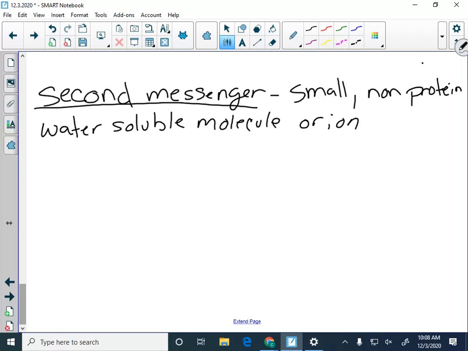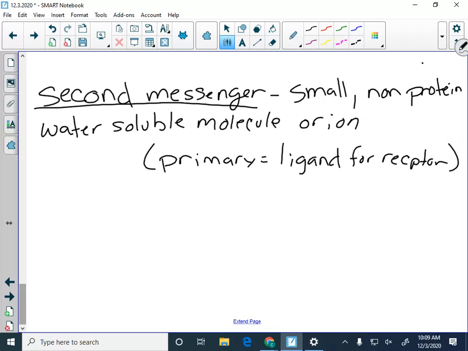They are called second messengers because our primary messenger is the ligand or the receptor. So the ligand that binds to that receptor, wherever that receptor may be, is our primary messenger. So our second messengers are something that happens down the line.